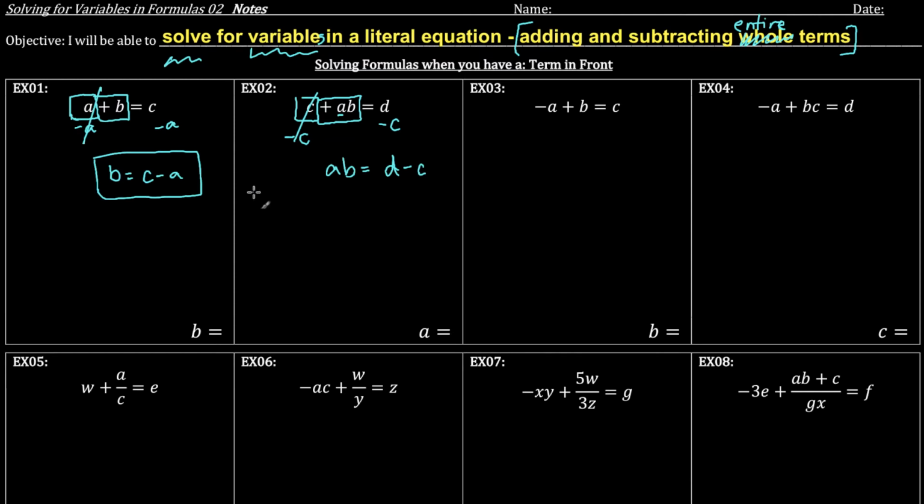Now we had a, we multiplied it by b, and then we got d minus c. So instead of times b, we're going to divide by b. Remember, the whole thing, the whole entire d minus c, not this letter or that letter. So we get a equals d minus c over b.